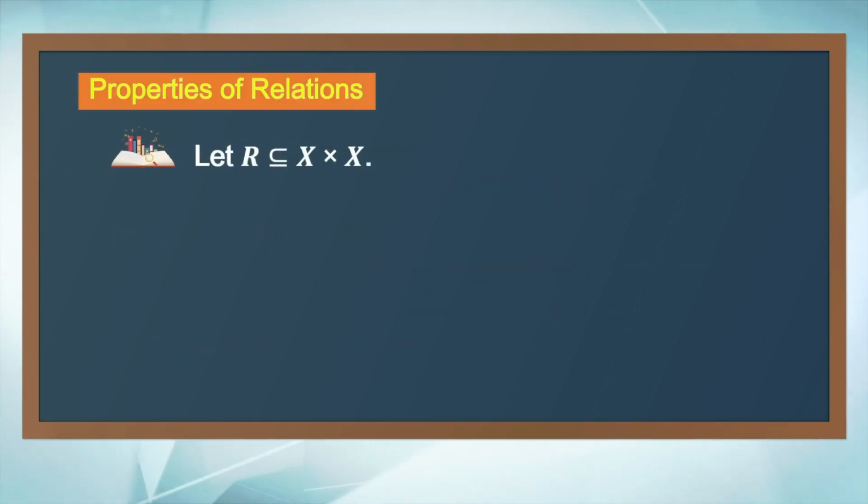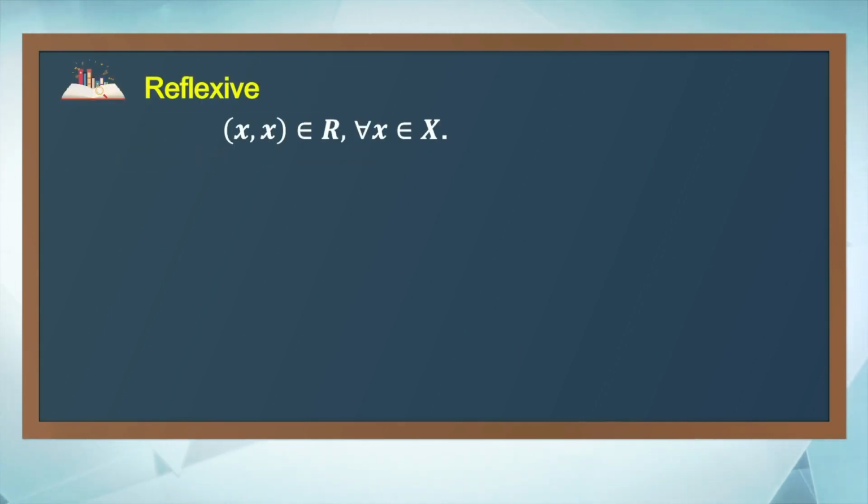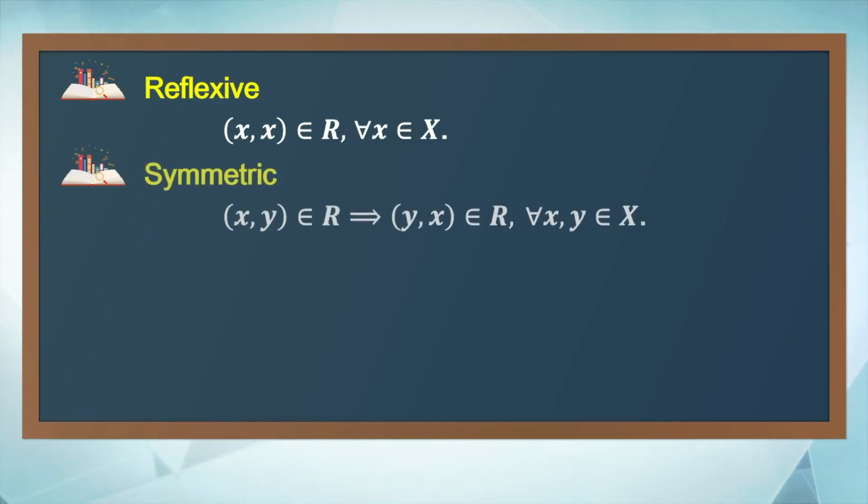There are several properties that are used to classify relations on a set. A relation on a set X is called reflexive if x is related to x for all elements in the universal set. A relation R on a set X is called symmetric if x is related to y implies that y is related to x.